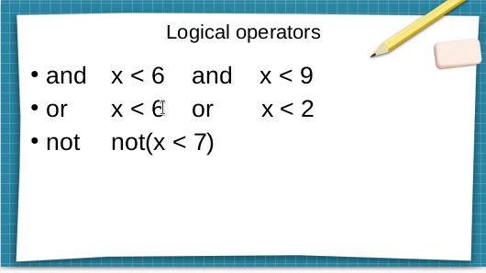So if x is less than 6 or x is less than 2, it will give us true. Not means, if x is less than 7, that means x can be 1, 2, 3, 4, 5, 6, so not will give us a false value. Like this, these three operators work.